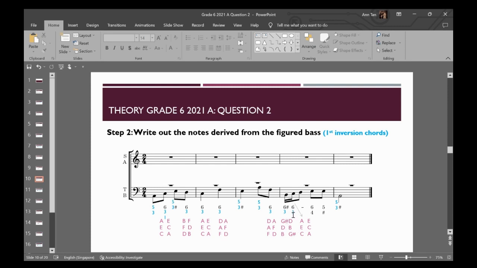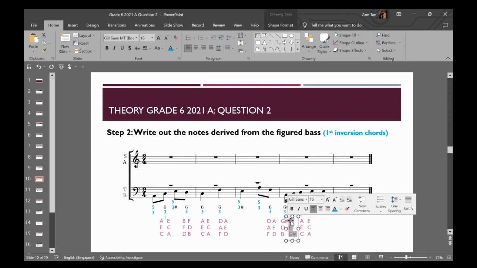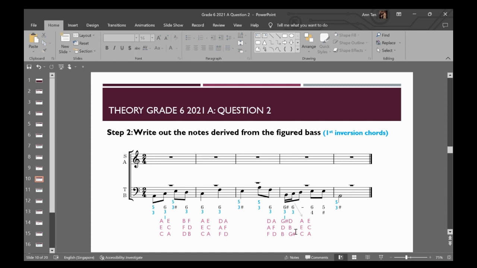When we write it out in this manner, in the same way, B is number 1. And we count the 3rd from B, we get a D. And we count a 6th from B, we get a G. And not forgetting, we need to add a sharp. So rearranging it, we'll now form this chord G sharp, B, D.